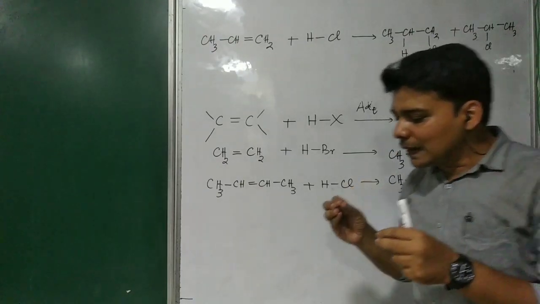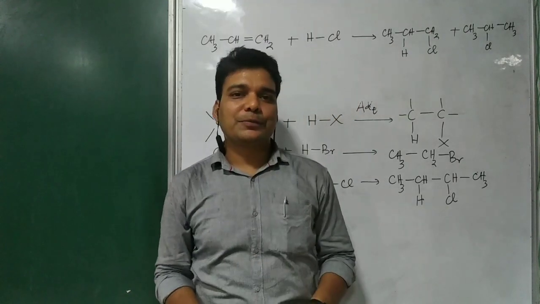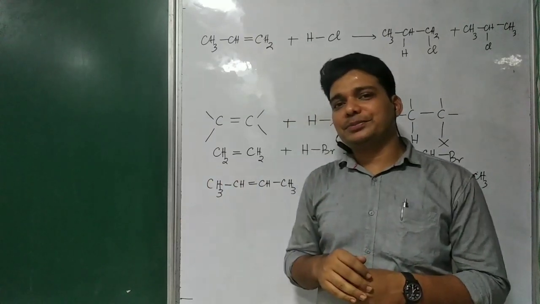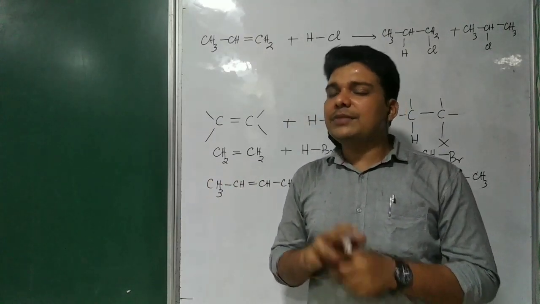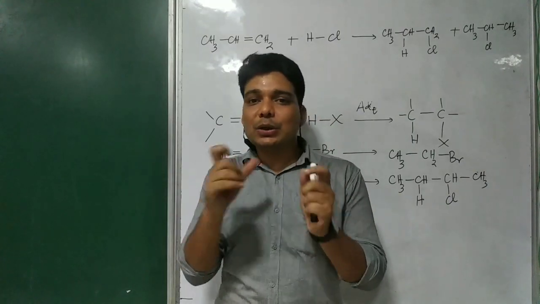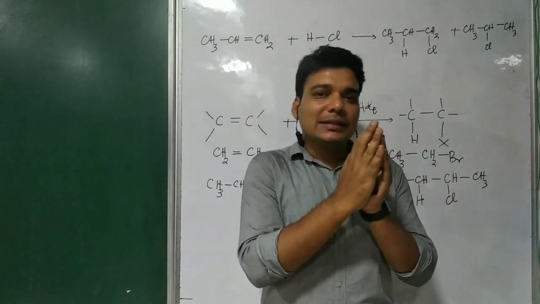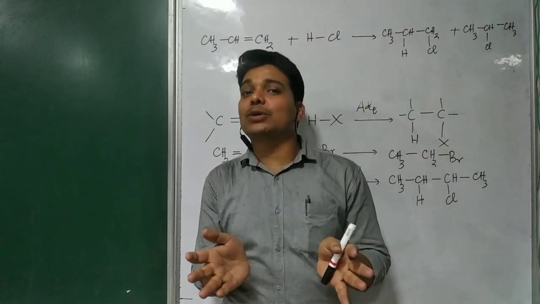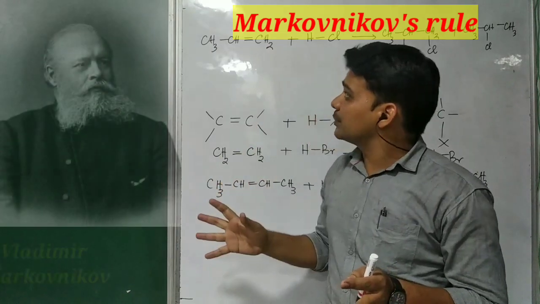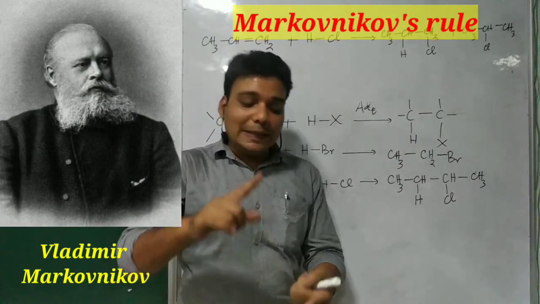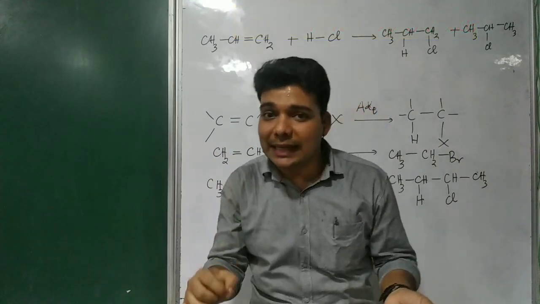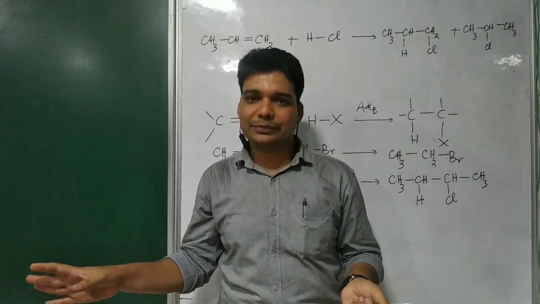In order to find the major product, you need to know about the mechanism of the reaction. If we are not using the mechanism, we can also apply a rule to find the major product, that is called Markovnikov's rule. According to that rule, the negative part of the addendum goes to that doubly bonded carbon which contains less number of hydrogen.